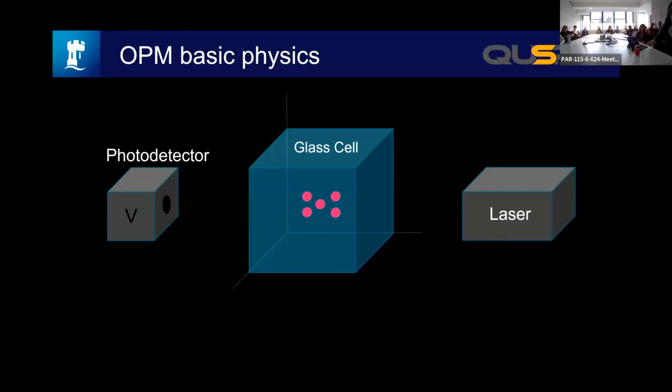And so the sort of hand wavy view of what's going on is each of those atoms has its own little magnetic moment. And what you do is you switch on the laser, and the laser acts to align all of those magnetic moments, so they all point along the same direction.